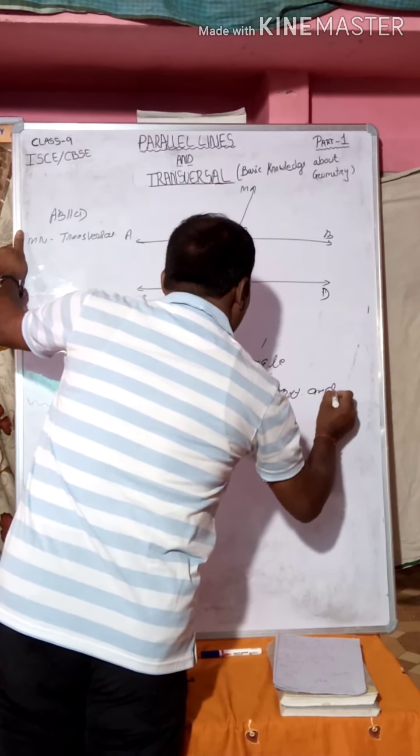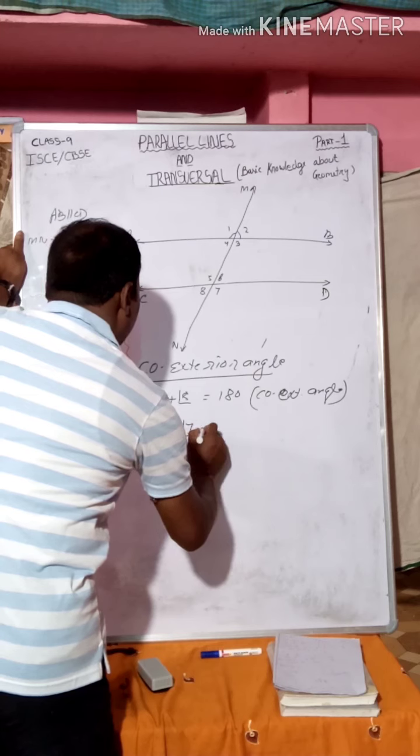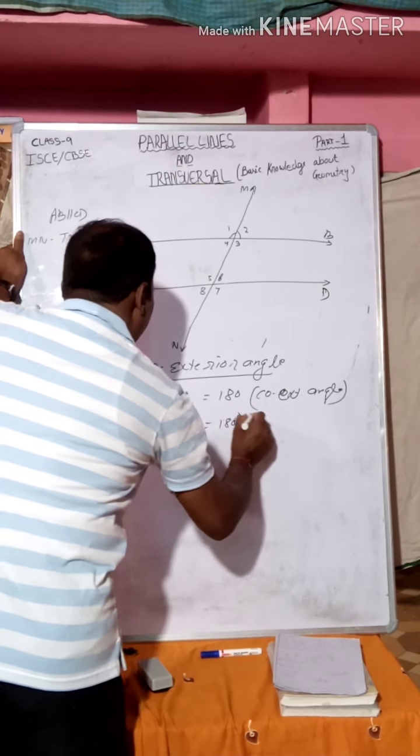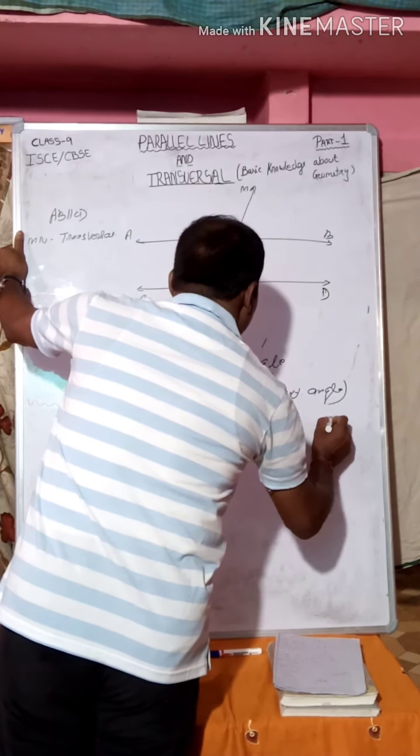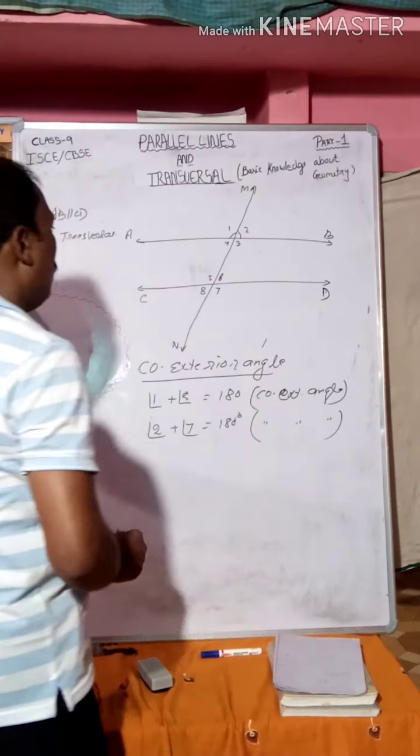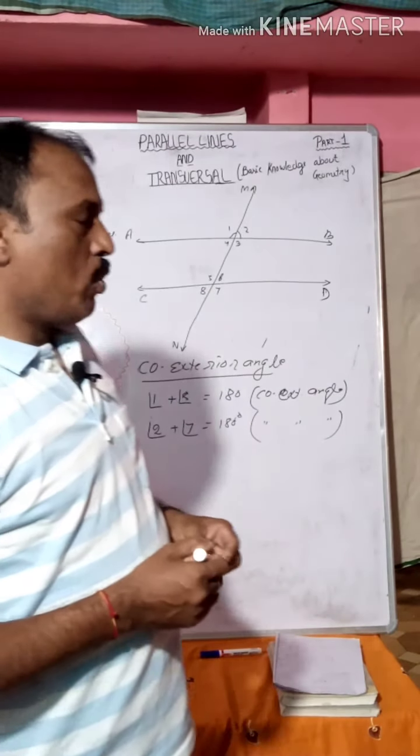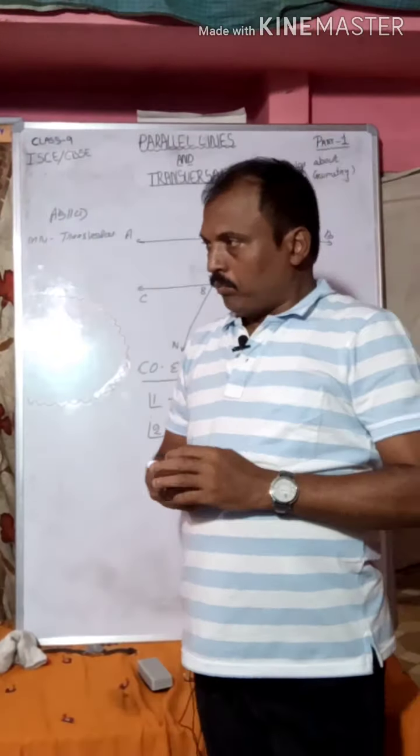And angle 2 plus angle 7 is equal to 180 degrees because they are co-exterior angles. This is the co-exterior angle, and that is the co-interior angle.